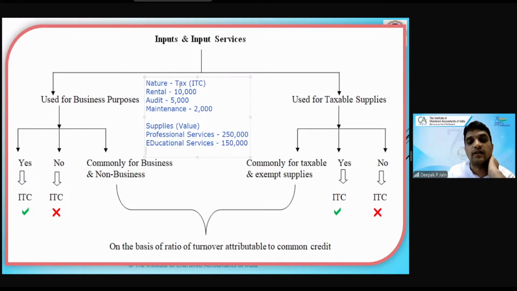Now you tell me how much of the credit you can claim. From this place itself, you are running the rental, you're getting the service of an auditor, and you are incurring maintenance. So how much of this credit will be available to you?